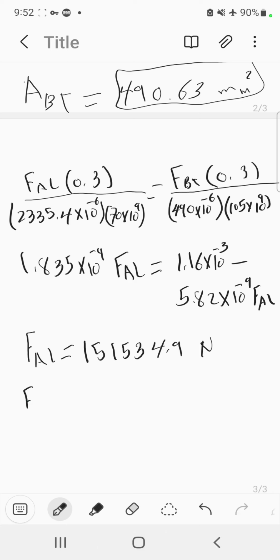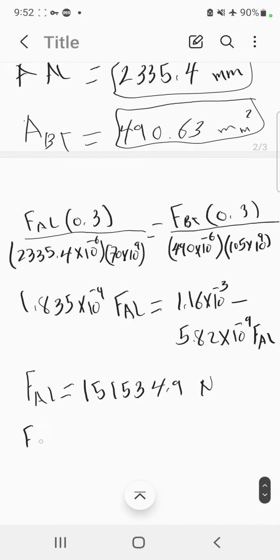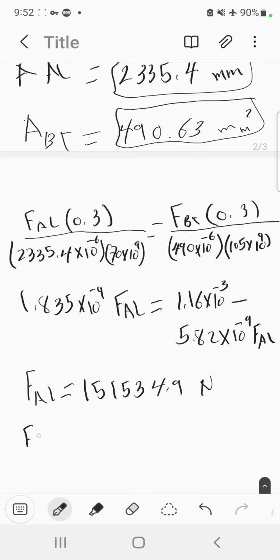So F total equals FA plus FB, so FB equals FT minus FA.